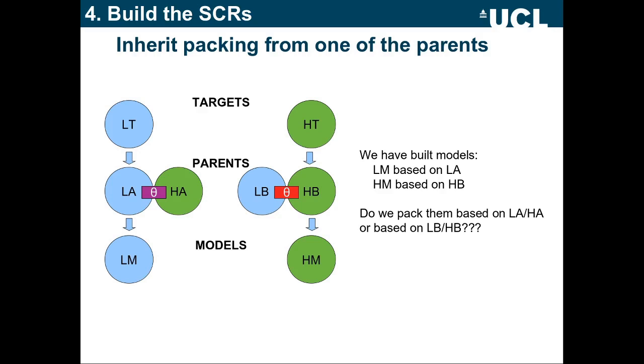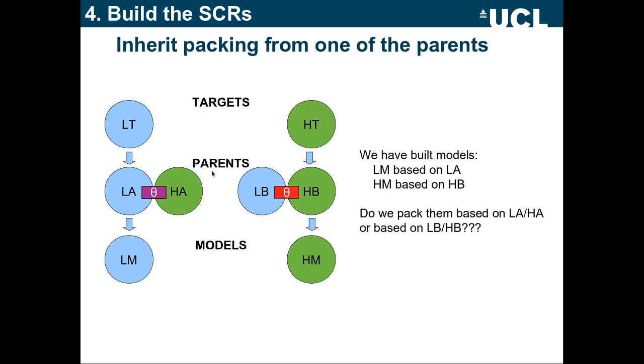Now, if we're going to inherit from one of them, how are we going to do that? Well, this is actually conceptually rather simple, but quite difficult to explain. So suppose we have our target sequences, our light target and our heavy target.